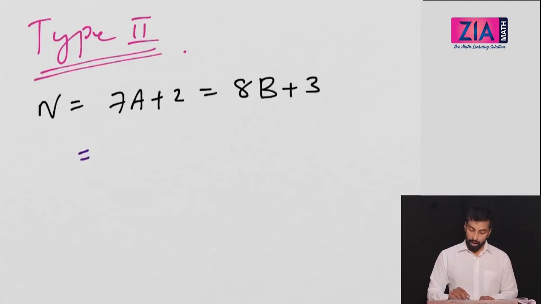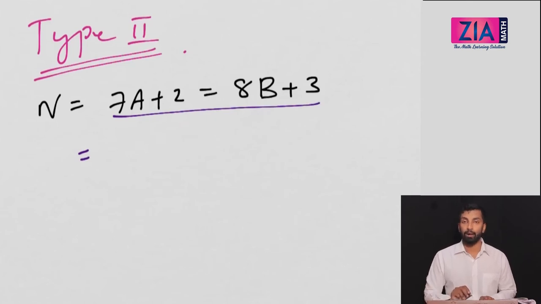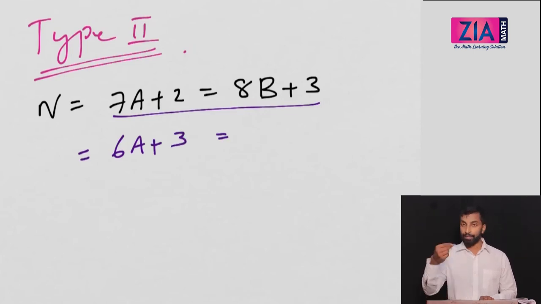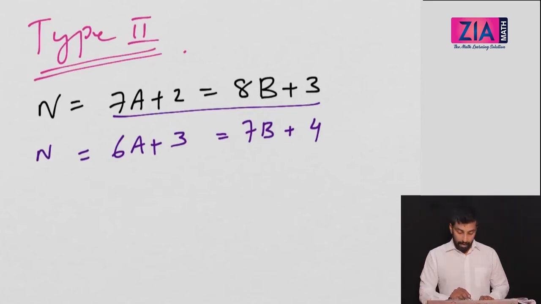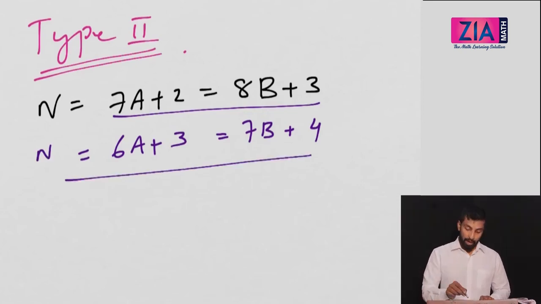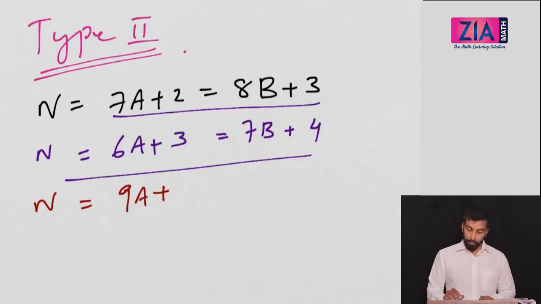When I write like this, it is very easy, because if you want, you can make another question. You can write it as 6a plus 3 is equal to 7b plus 4, a different number. I just made a question. So this is how you can make a question. Okay, one more question. N is equal to 9a plus 4 is equal to 7b plus 2.